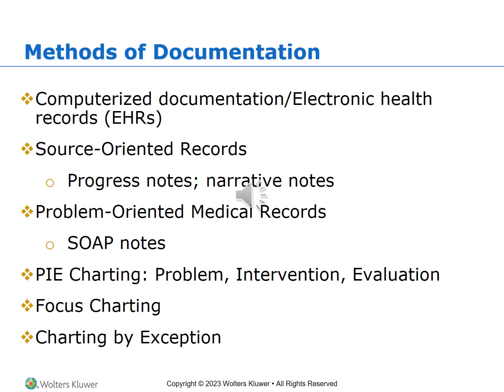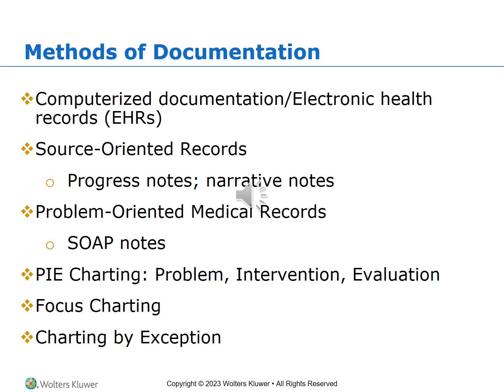Methods of documentation begin on page 530. So you can document in a computer or electronic health record. Also, source-oriented records such as progress notes or narrative notes. Problem-oriented medical records such as SOAP notes, which probably are not used very often nowadays.